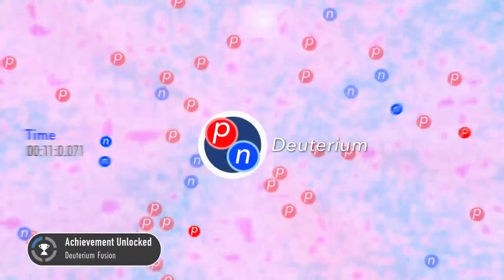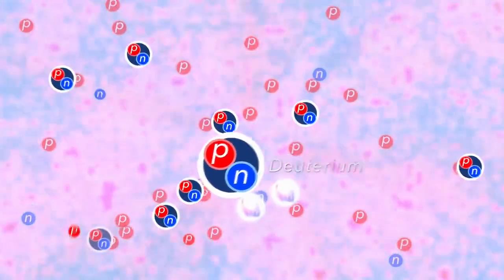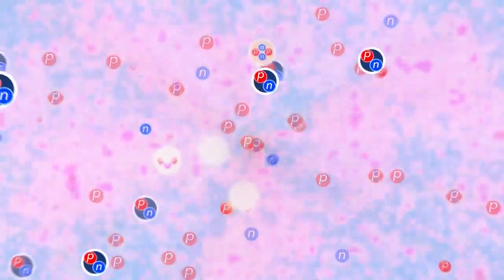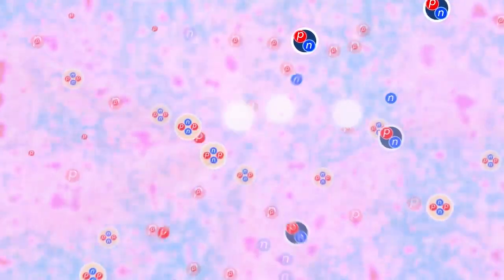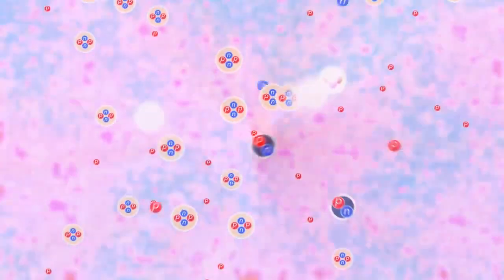But by about 10 seconds after the Big Bang, the universe had cooled sufficiently that deuterium could form, and as soon as it did, it would rapidly fuse into helium. The rate at which this happened depended on the density of matter in the early universe. The higher the density, the faster this fusion could occur. Then, by 20 minutes after the Big Bang, the temperature had dropped low enough that fusion could no longer occur.